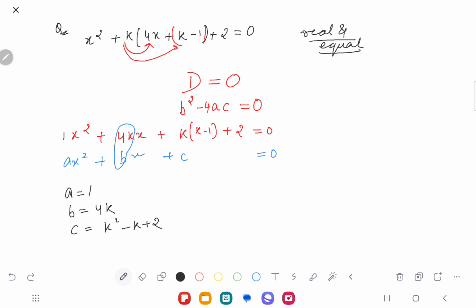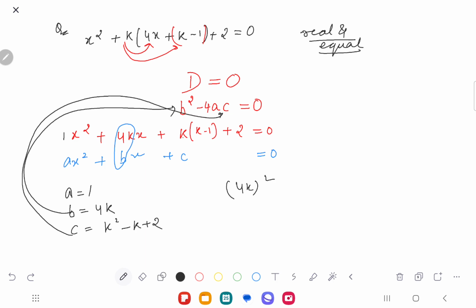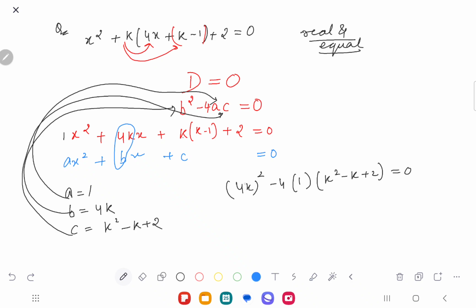And then just put in the values. So B square, so 4k square, put B here, put C here, put A here. So B square minus 4, A shall be 1 and C shall be k square minus k plus 2 equals to 0. What is 4k square?